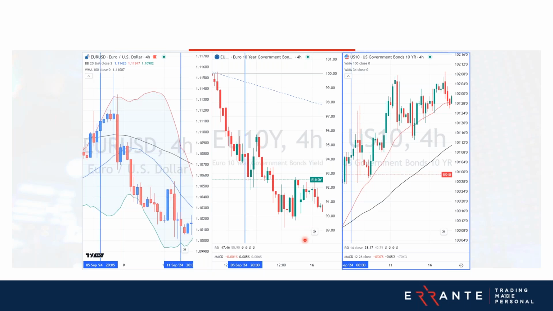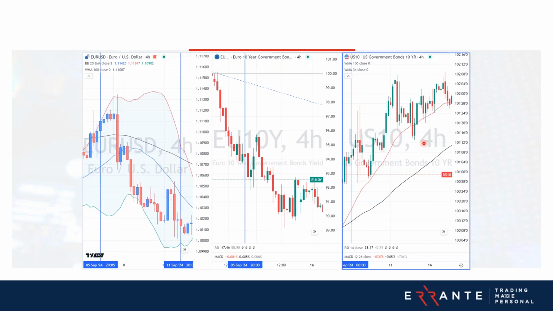And this steep drop signals lower returns for investors in Eurozone bonds, making the euro less attractive to foreign investors. As bond yields fall, foreign capital is likely to move toward higher yielding assets. In this case, you have the US 10-year Treasury.